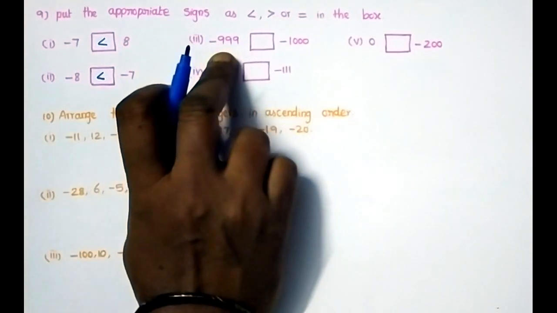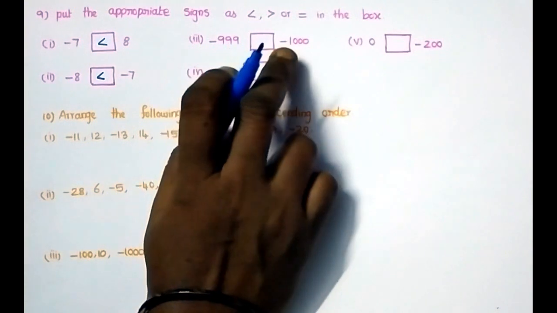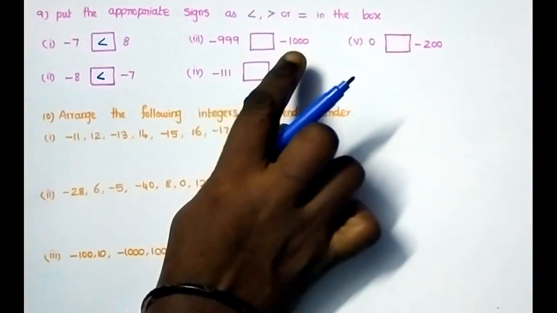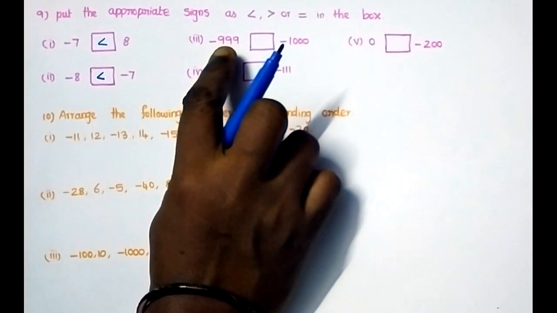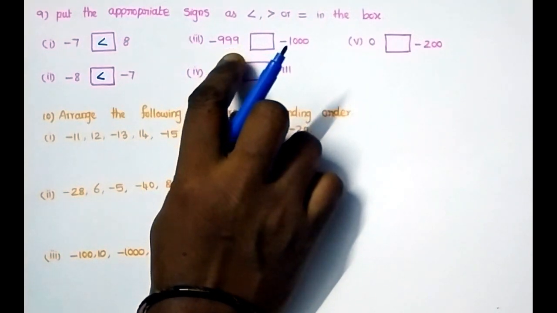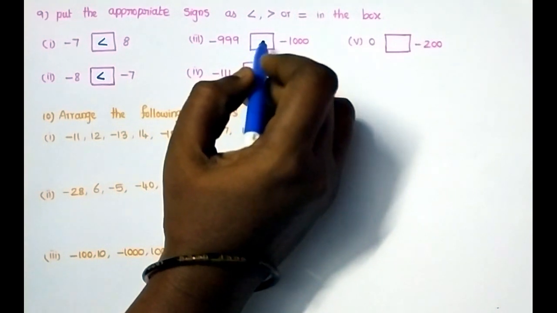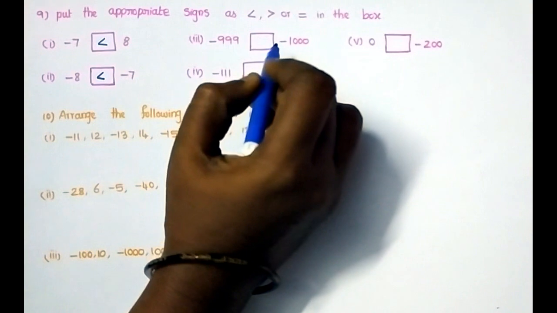Next one, minus 999 and minus 1000. Which one is left? Minus 1000 is left of minus 999. So minus 999 is greater than minus 1000. So minus 1000 is less.